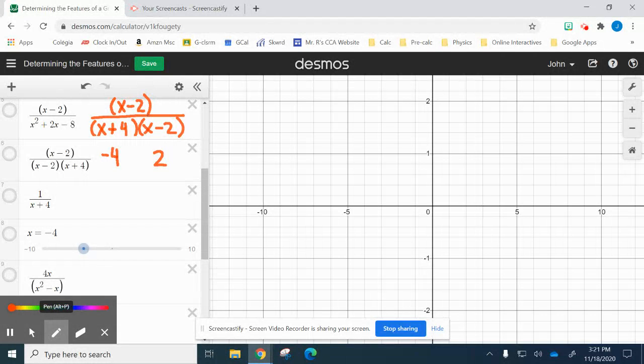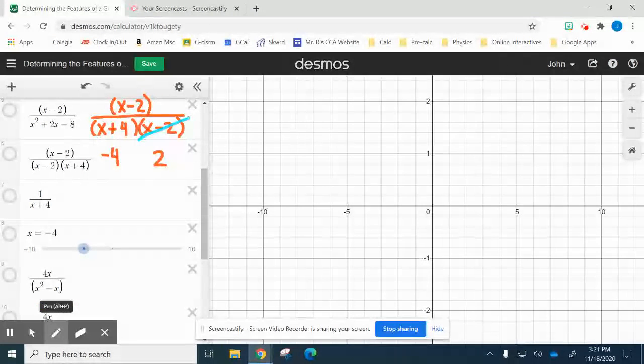However, in this case, when we factor this thing out, we find out that we can actually algebraically cancel the x minus 2 factor, right? We've got an x minus 2 on the bottom and an x minus 2 on the top. So what does that do to the graph? It changes everything.